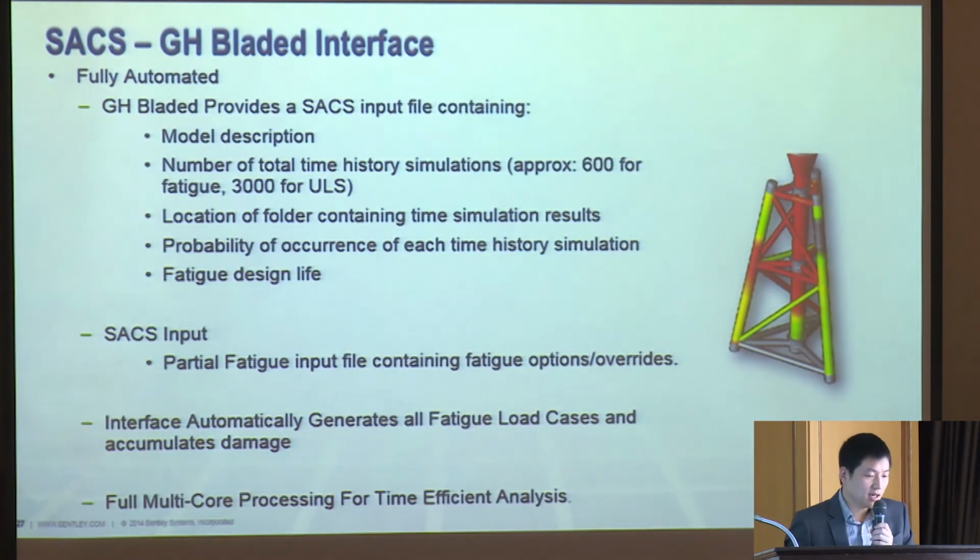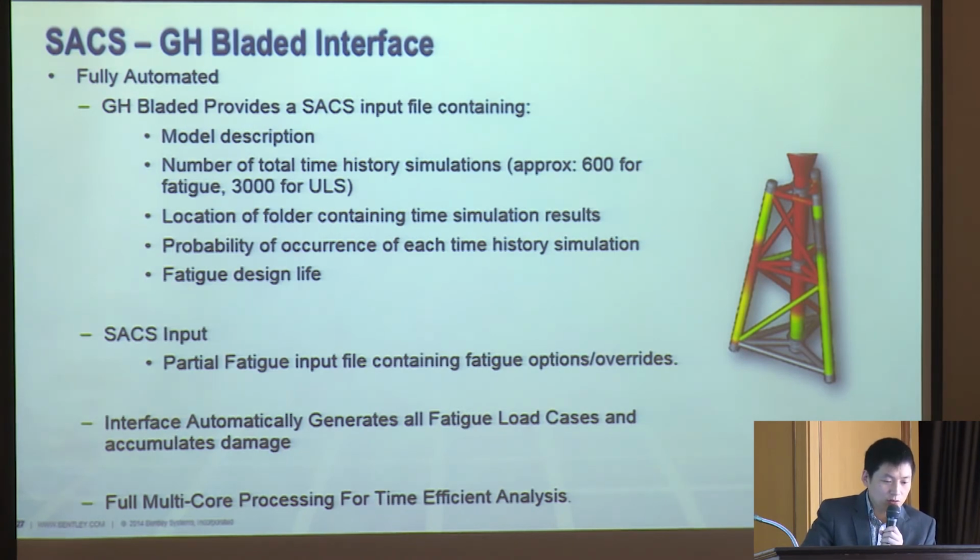Okay, for the SACS GH Bladed interface for fatigue analysis, we just need several input files. The first is the control input file, and it includes the model description and the number of total load cases. That means the total time history simulations, for example maybe 1,600 for fatigue and 3,000 for strength.